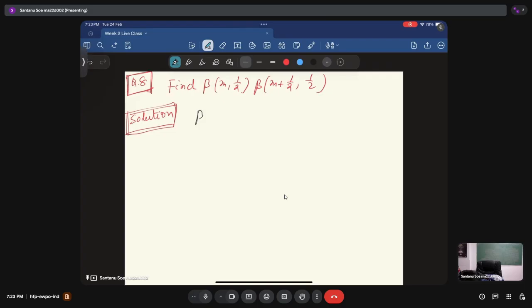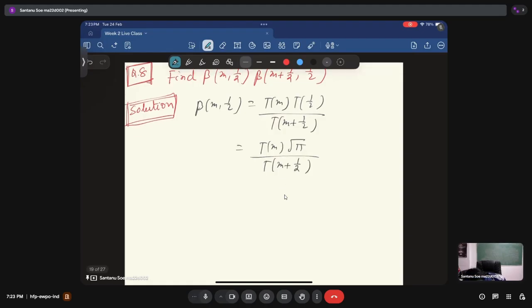So beta of m comma 1 by 2 is just gamma m into gamma of 1 by 2 into gamma of m plus 1 by 2, correct? So this is just gamma m into root pi divided by gamma of m plus 1 by 2.